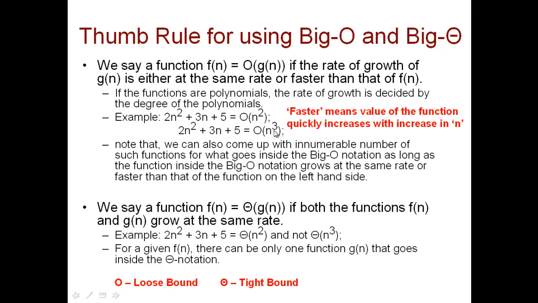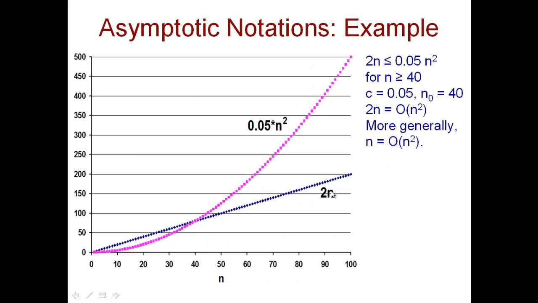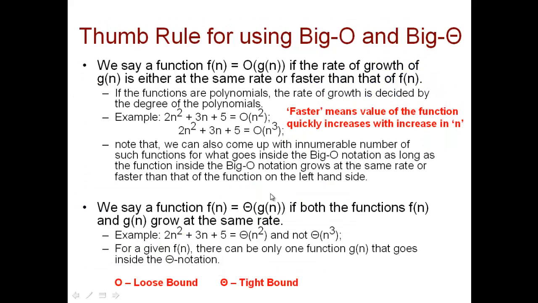What goes inside the big O notation is the big guy, which means its degree should be greater than or equal to the function on the left hand side. So always remember this curve like this. If this is the function on the left hand side, 2n, and this is a function inside the big O notation, the degree of the left hand side function should be less than or equal to what goes inside the big O notation.